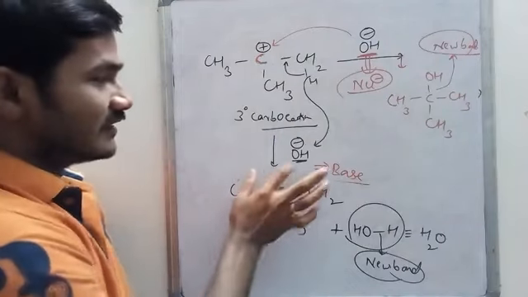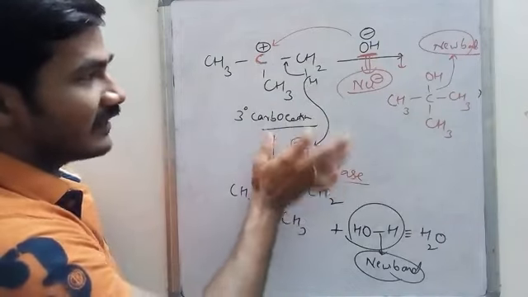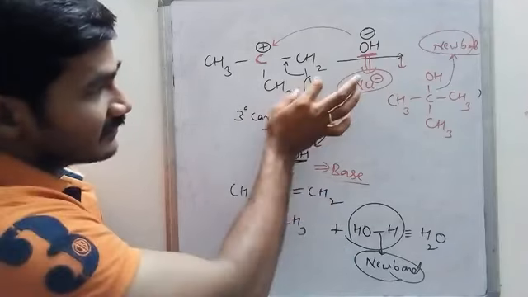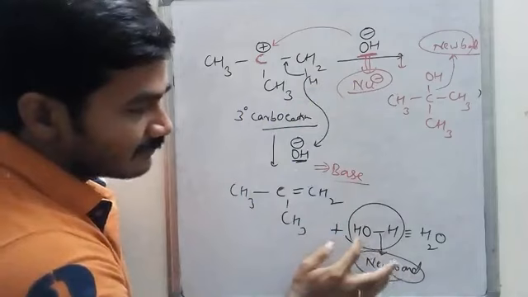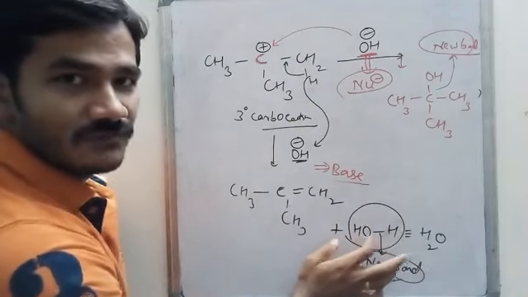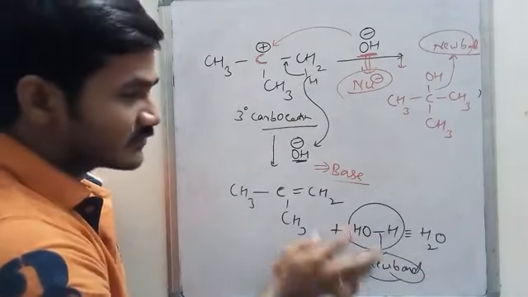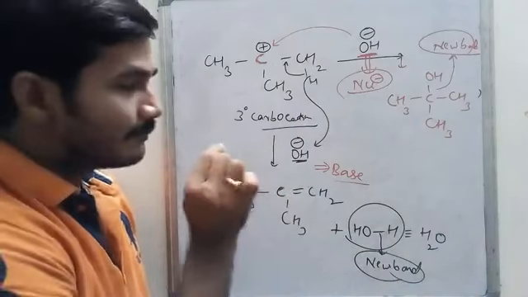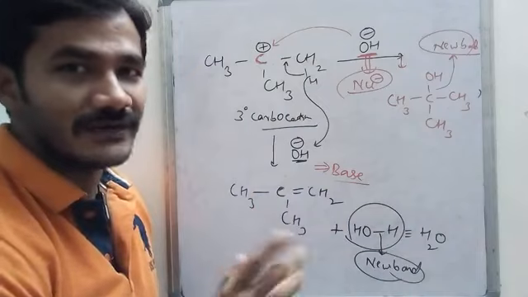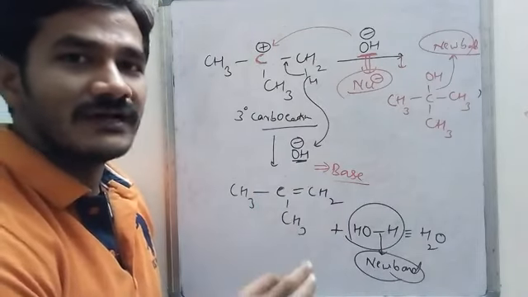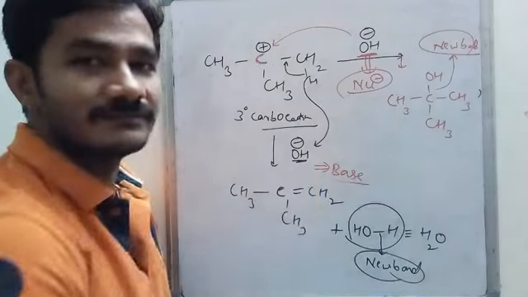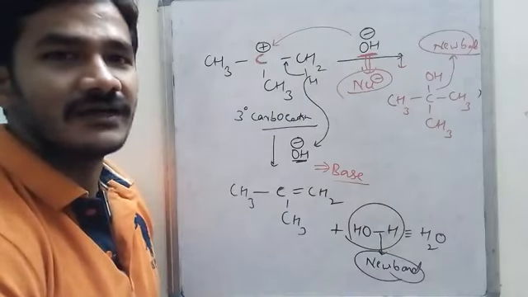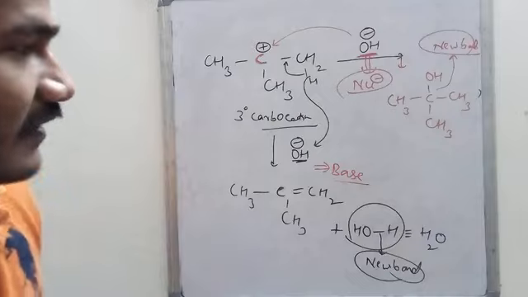In this other case, it takes only one proton and forms a new bond with hydrogen, which is why it is said to be a base. The final point is: base forms a new bond with hydrogen, nucleophile forms a new bond with carbon. So this is the difference between base and nucleophile.